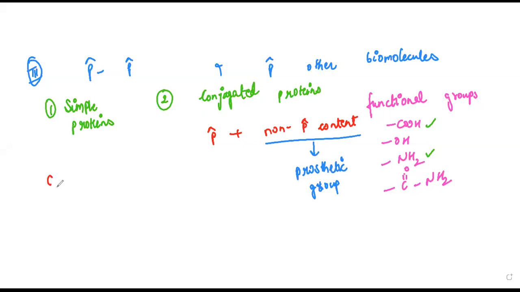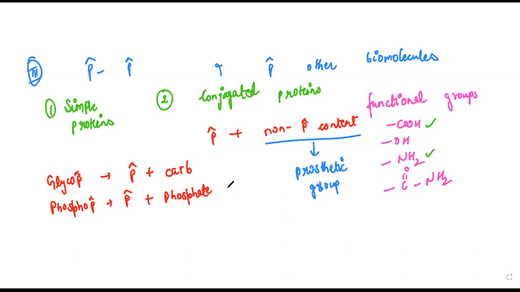For example, glycoprotein consists of protein plus carbohydrate. Phosphoprotein is protein plus phosphate group. Hemoprotein consists of protein as well as heme group. Are the examples clear?